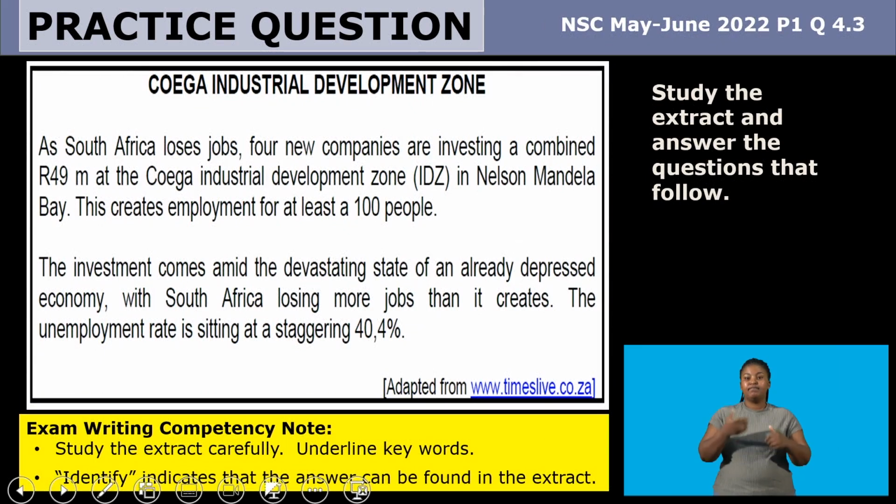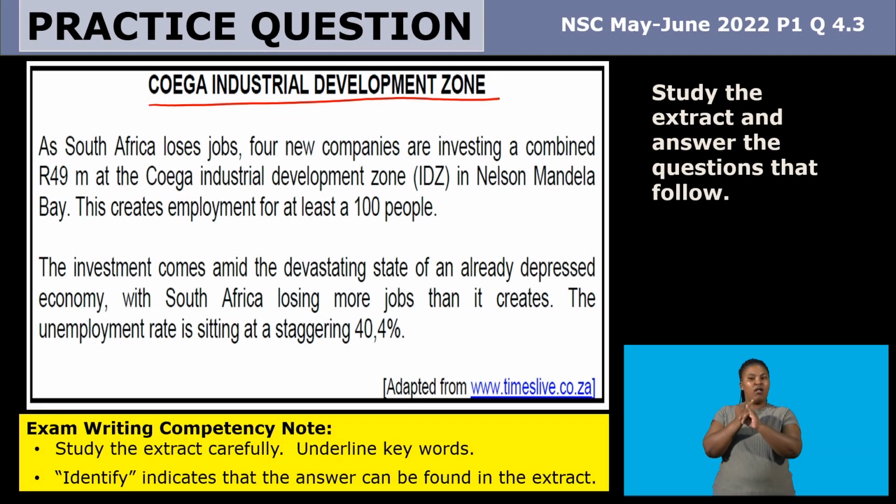The next question, study the extract and answer the questions that follow. So study the extract. Heading, Hwega Industrial Development Zone. Then you need to read through the extract. As South Africa loses jobs, 4 new companies are investing a combined 49 million at the Hwega Industrial Development Zone, IDZ, in Nelson Mandela Bay.